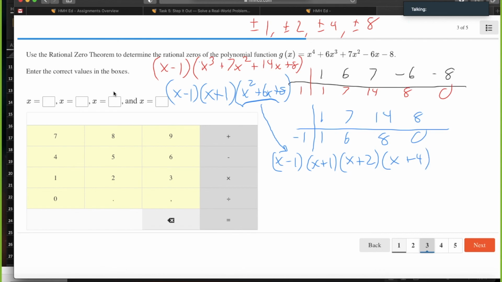Right? 4 times 2 is 8. So then our zeros are going to be 1, -1, -2, and -4. Those are the numbers that we can plug in and get 0. So that's what we're going to stick in.